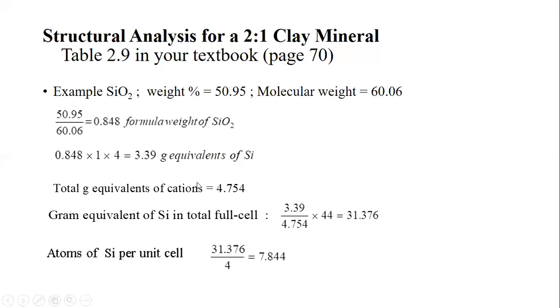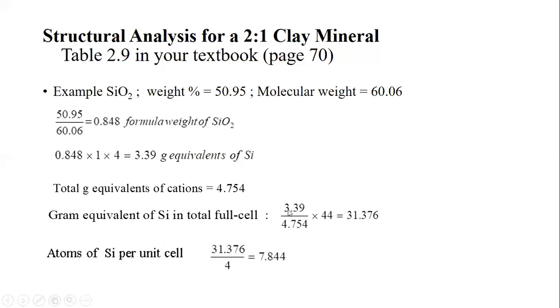So what is the contribution of silicon from this total? We calculated 3.39 for silicon, divided by 4.754. And remember, we said we have 44 positive charges, 44 negative charges. Okay, the contribution of silicon 3.39 out of the total 4.754.